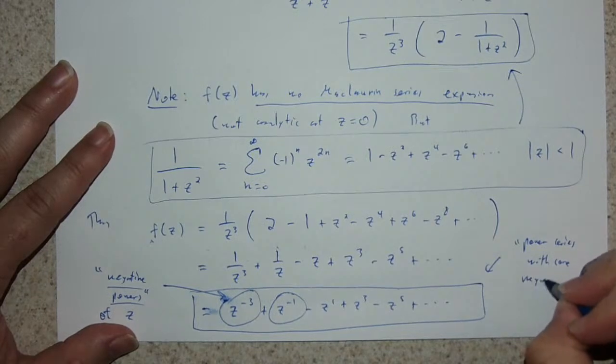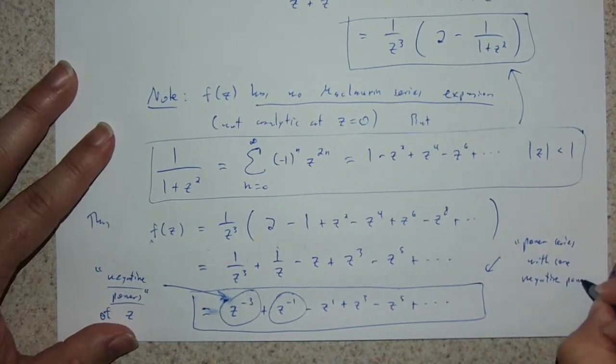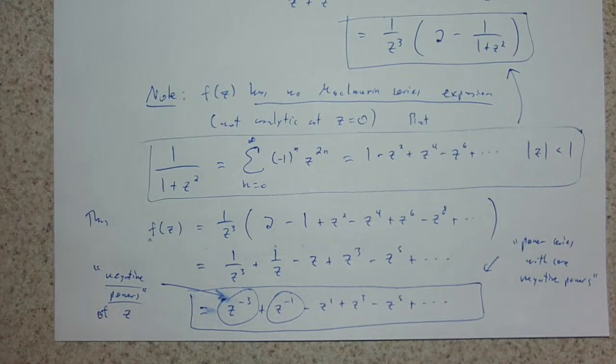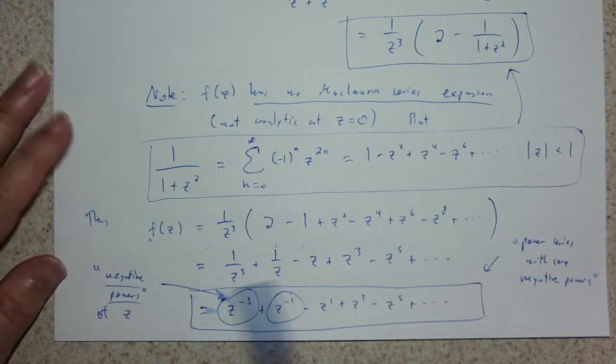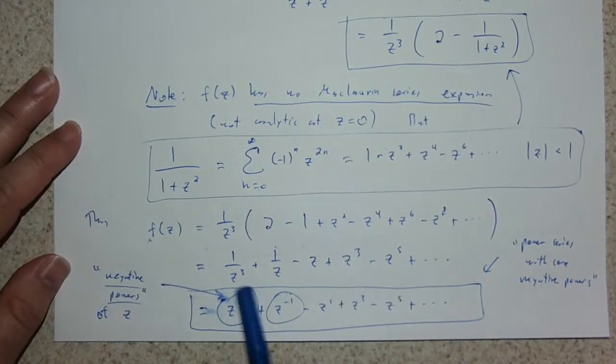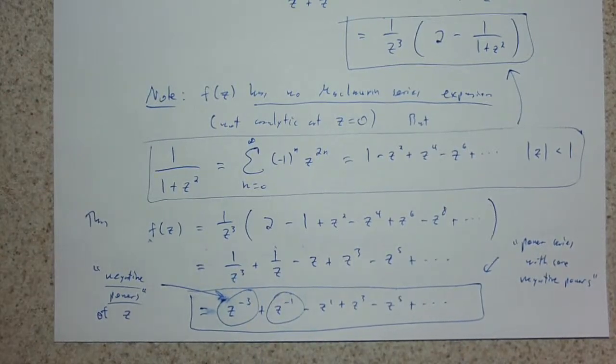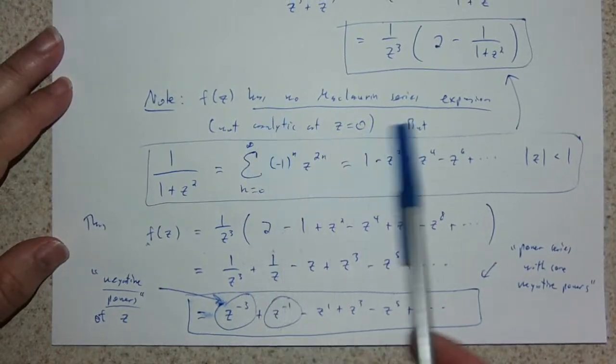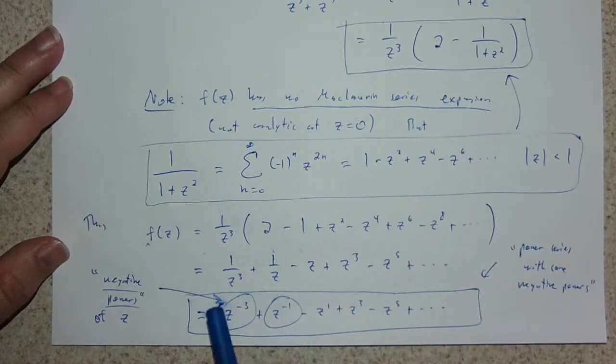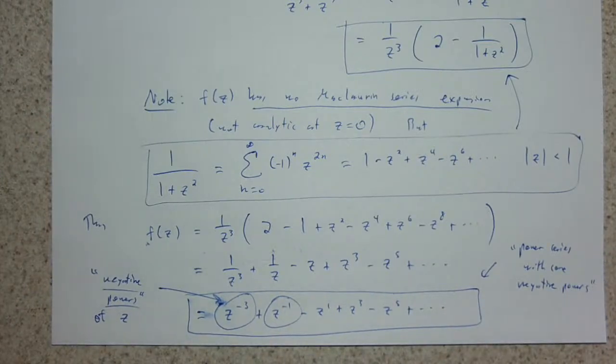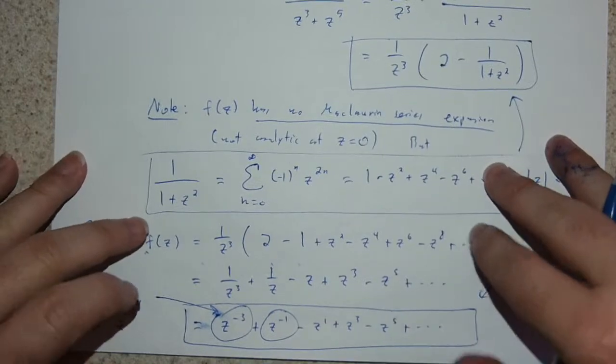Now, I'm not pretending like that's not a big deal, because obviously this is a bigger deal. Once you have negative powers, this thing is clearly not analytic at 0 because of these negative powers. You can just see that. So it has no Maclaurin series expansion about 0, but it has an expansion like this as a power series with some negative powers. It turns out we're going to have a special term for this, and so what we can say is the following for this example.